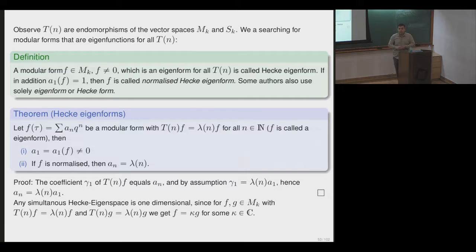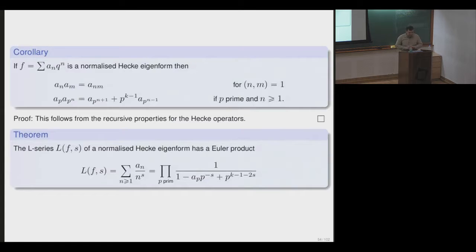That's the reason why we take a normalized Hecke eigenform, in the sense that we have a canonical representative for this eigenspace. Okay, so we have this, and again, we had seen the multiplicativity of these Hecke operators and this recursive property. But now we recover this just in the Fourier coefficients of our modular form.